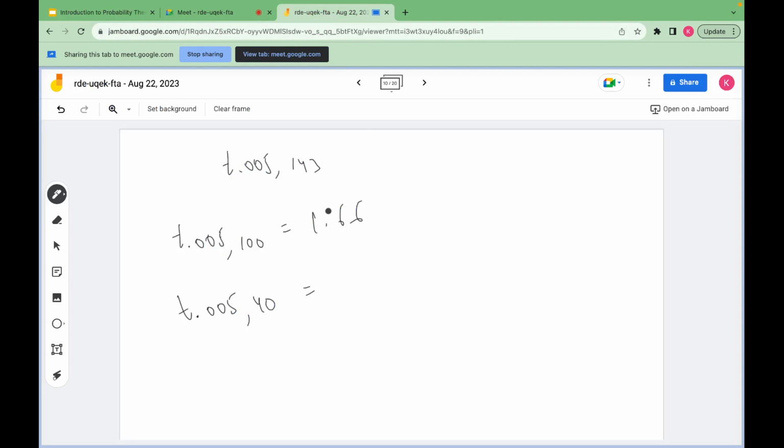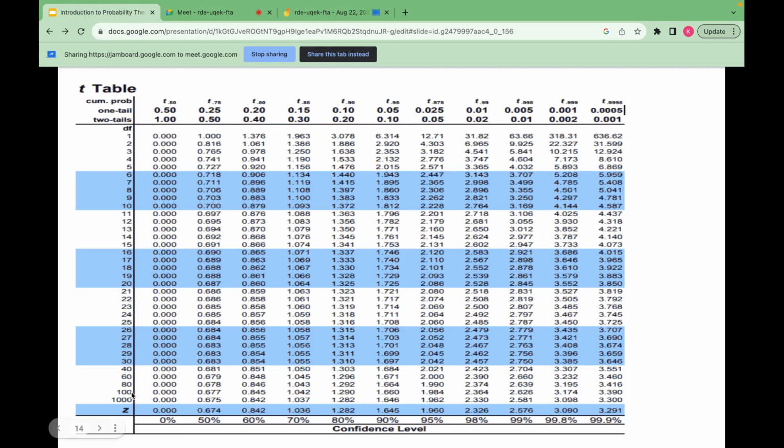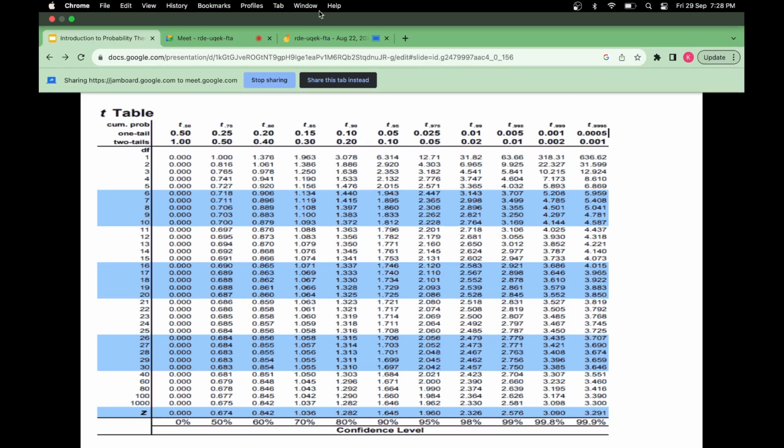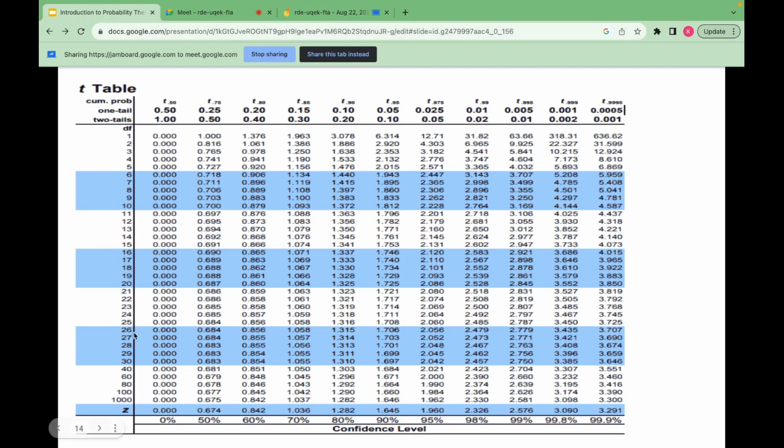So these values will be changed. For 100 this is 2.626. For 40 it is 2.704.